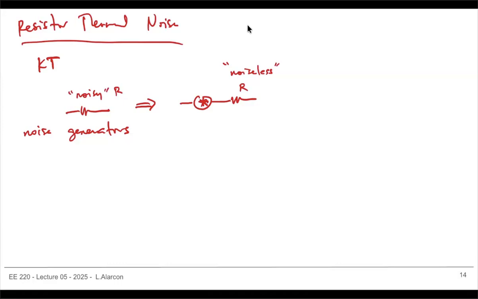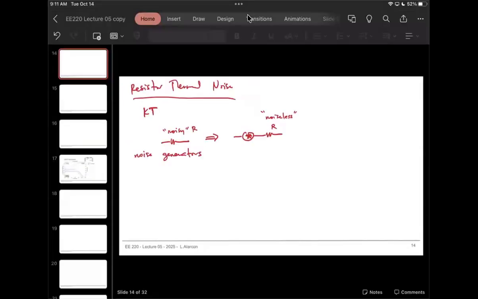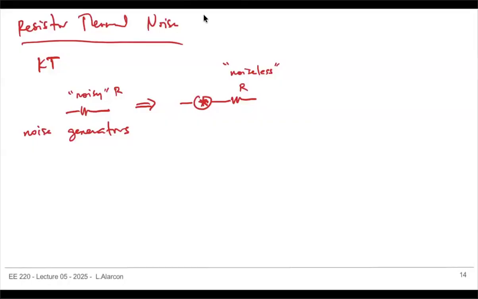Okay. So we can say that we have a voltage noise generator, Vn. But remember, we cannot really predict the value of the voltage instantaneously. So in most cases, it does not make sense to talk about Vn.